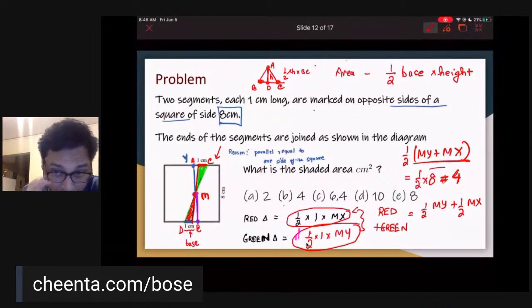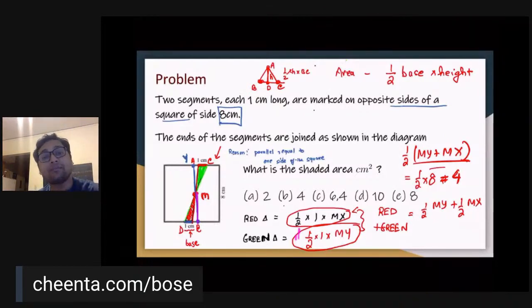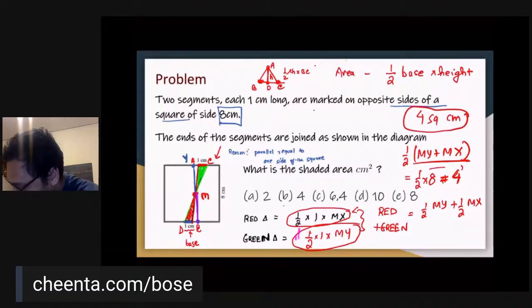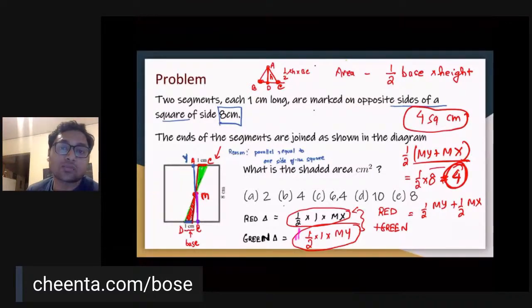All you needed to know is that MY plus MX add up to 8. That's everything that you needed to know to solve this problem. So the final answer is 4 square centimeters. It's half of 8. Okay.